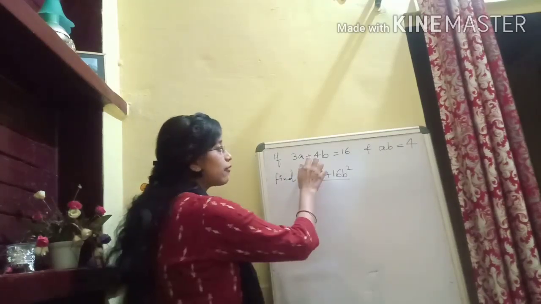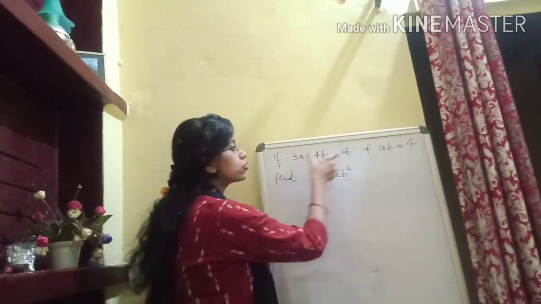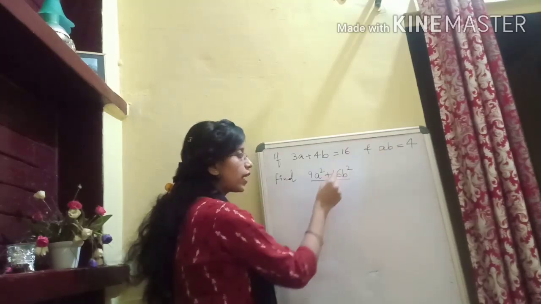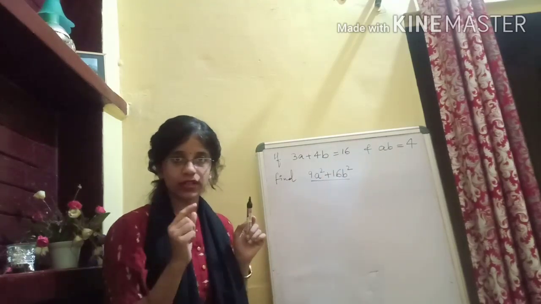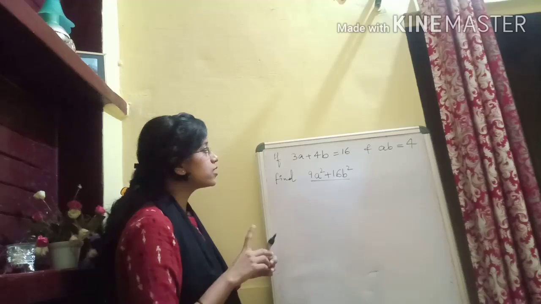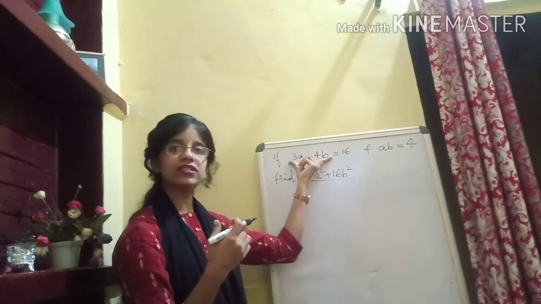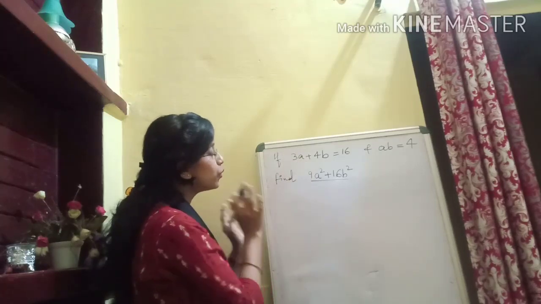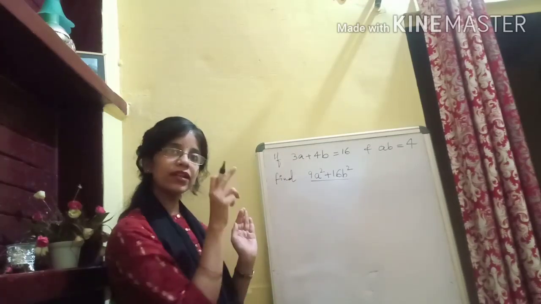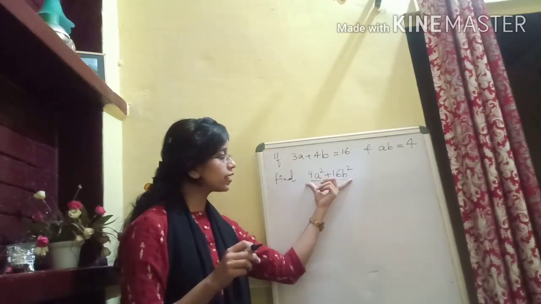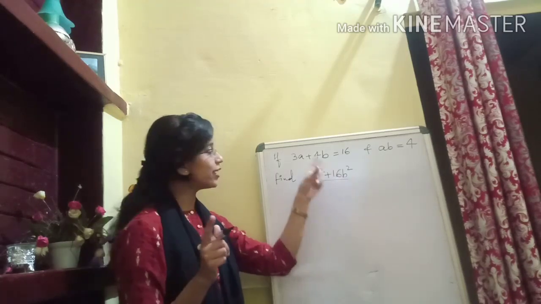Why? Because when we get all three terms, these two terms we know the value, and this term we can calculate. Clear? Now here we have a square of something and a single term. Can you see which term we should take and square so that we can get this value? Yes, this term.